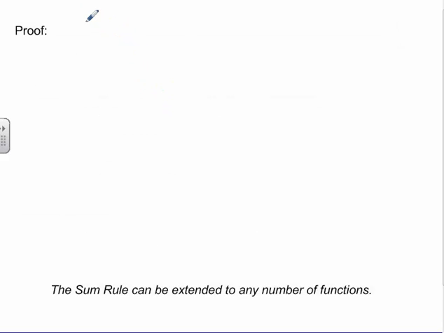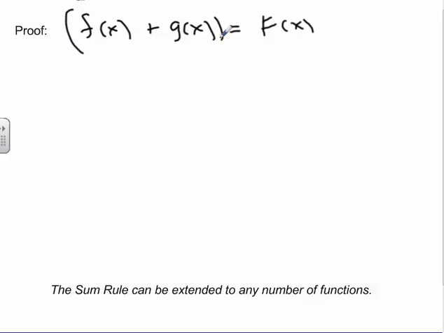Let's say that you had a function f of x and you had another function g of x. Right? And let's just say together what you want to do is you want to call those, say, capital F of x, just to label these. So you have two functions that you want to put together. But what we'd like to do is find the prime of this. We'd like to find the derivative.